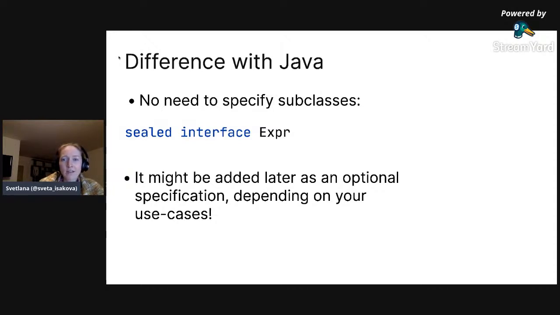The compiler can extract this information from your code, from the declared subclasses in the same package, and generate the corresponding list under the hood in the bytecode. However, if you would like to have a similar explicit list as in Java after permits as an optional specification, please share your use cases and the reasons why you miss this functionality. It can then impact the priority and the necessity of such a feature. So far it's not planned; the Kotlin compiler will just use this information from the code.